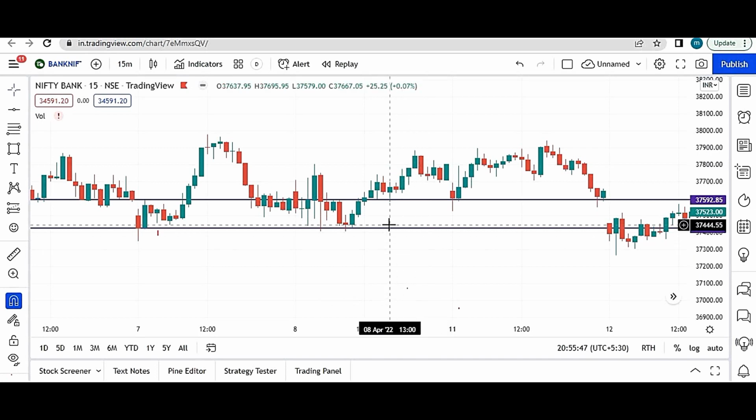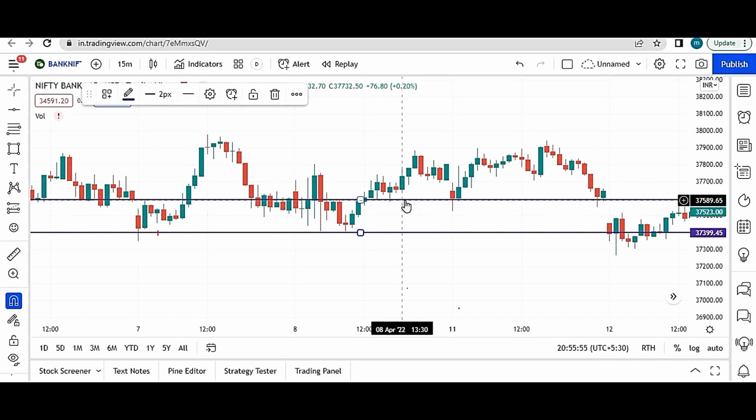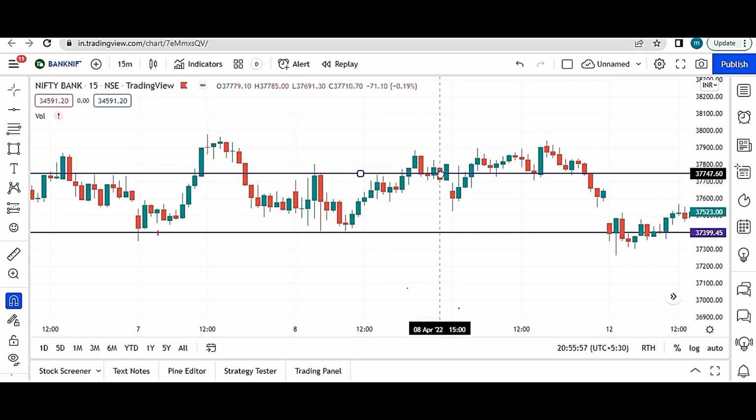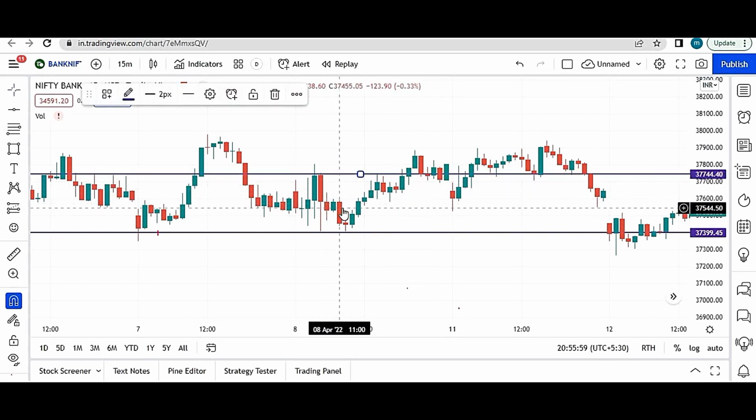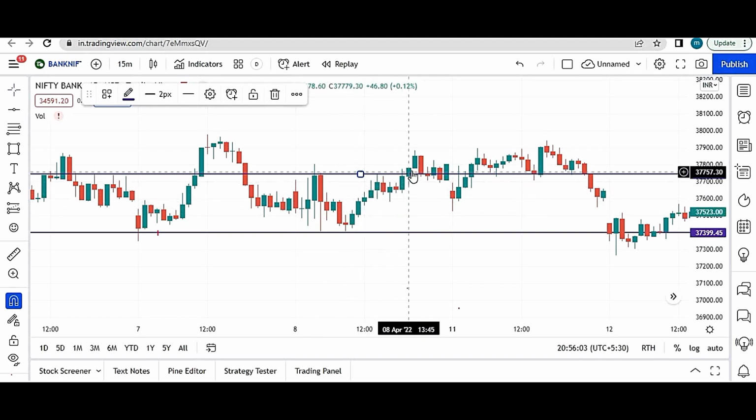And here, yeah, here it made an inside bar. 1, 2, 3, 4, 5, 6, 7, 8, 9, 10, 11, 12, 13, 14, 15, almost 145 points given as opportunity, small profit given.